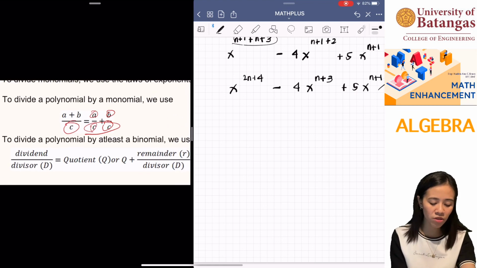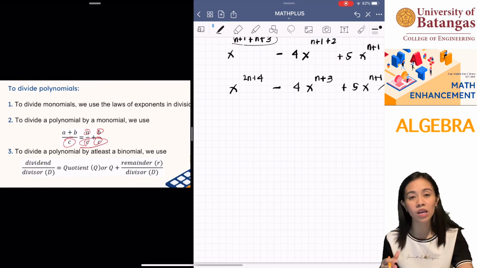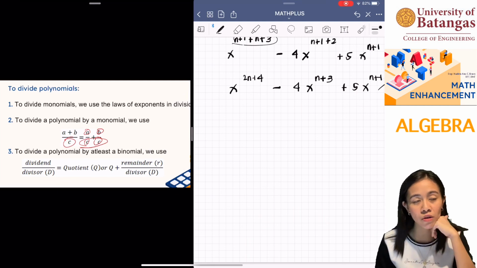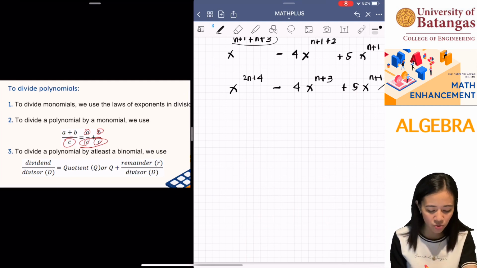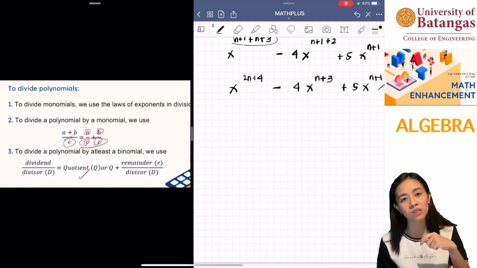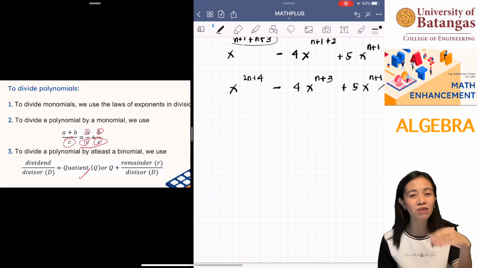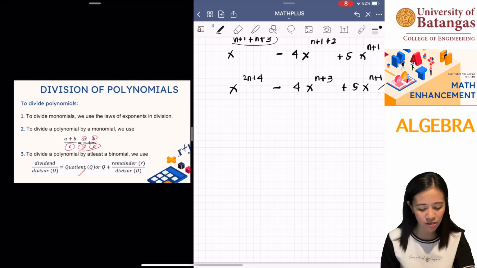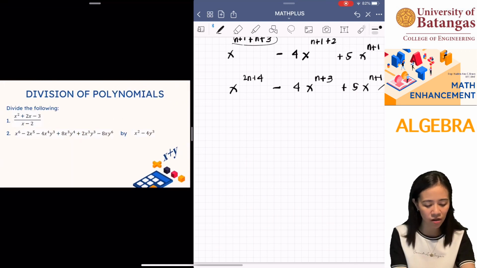And then, if you will be dividing naman a polynomial by at least a binomial, so yung polynomial mo, i-divide mo siya by 2 terms yung laman ng expression mo, then we use this one, or the long method, the long division. So, you have a quotient plus a remainder over the divisor that you have. So, let's have an example for that, para magkaliwanagan tayo.